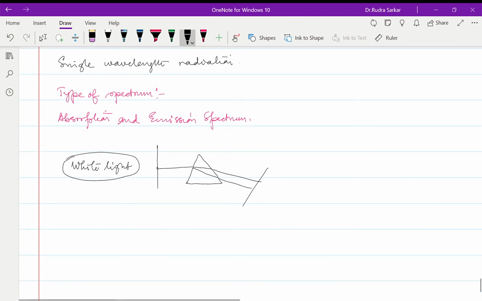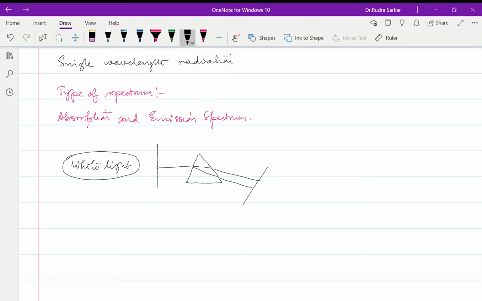This thing that you observe over here is your 7 colors, and this is a continuous spectrum.